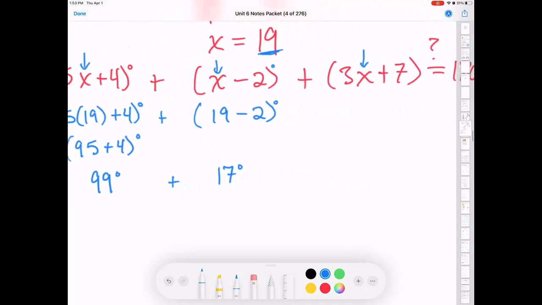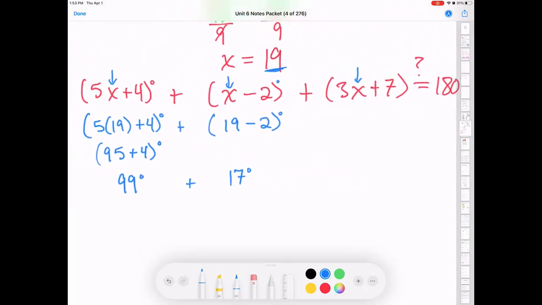And then finally, for our third angle, again, we're still plugging 19 in there for x. So 3 times 19, we get 57 plus 7.